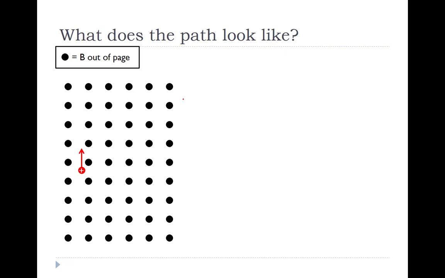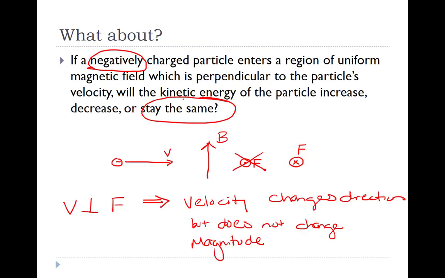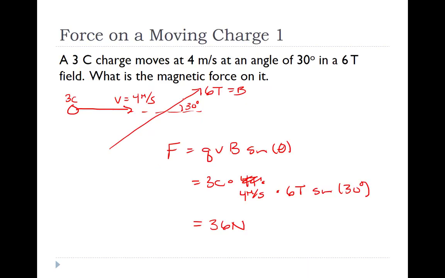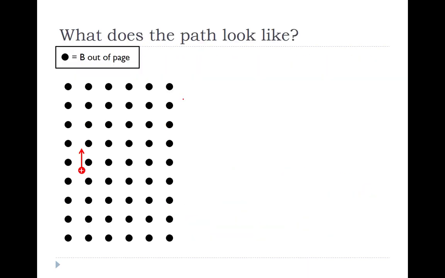I mentioned a minute ago on this slide that at least at first the force will be towards the bottom of the page on this particular particle. Why doesn't it always stay that way? So let's look at this example where I have a charge moving upward, a positive charge, and a magnetic field out of the page. At this instant shown, the force on this particle would be to the right.